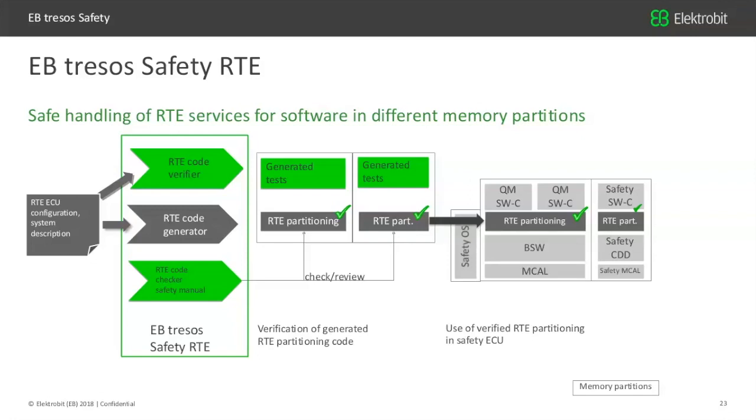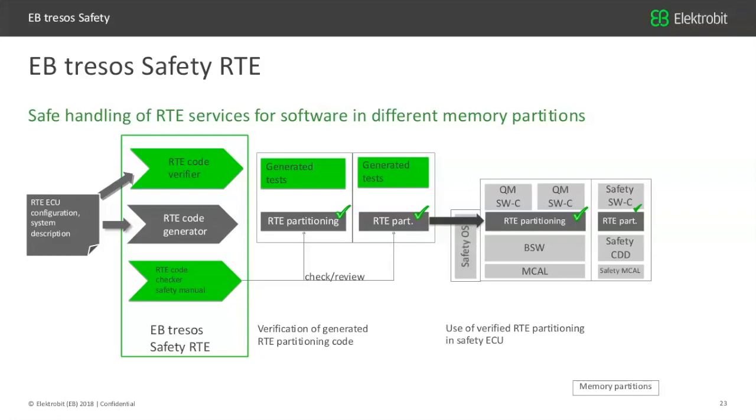And to do a verification on the RTE, there are two methods used. So there's the RTE code verifier, which actually is an online test, so it generates test code, which then with the current configuration needs to be executed on the target to verify that the function is working correctly.